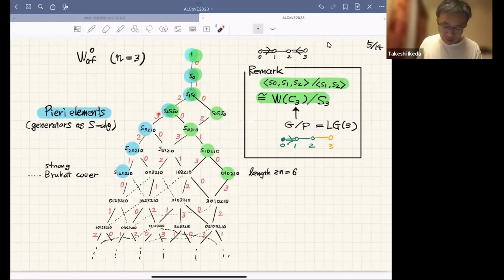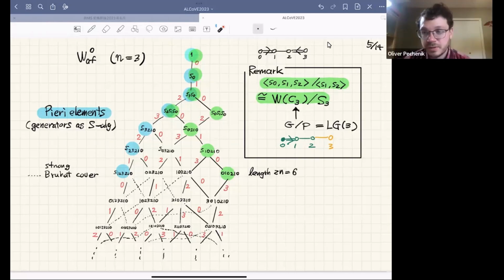Okay, any questions? Could you explain again how you know which ones are pure? Are they the ones that just have a single zero? So these light blue elements are defined like so: S0, S1, S2 up to Sn and then going down to somewhere.